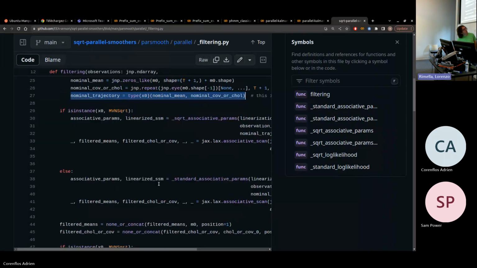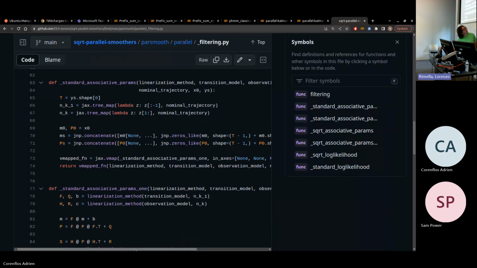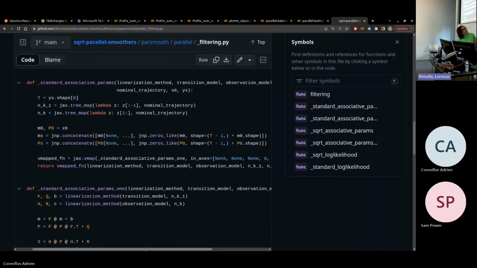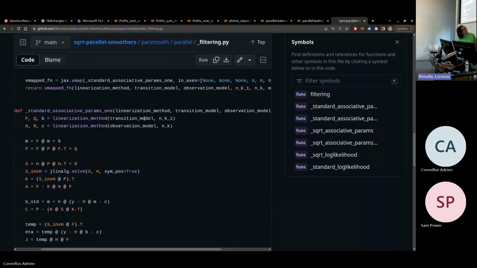And then you create your parameters by linearizing your transition model, right? So I get my transition matrix, my covariance matrix, and my offset by just the Taylor expansion in our case. Same for the observation matrices, right?